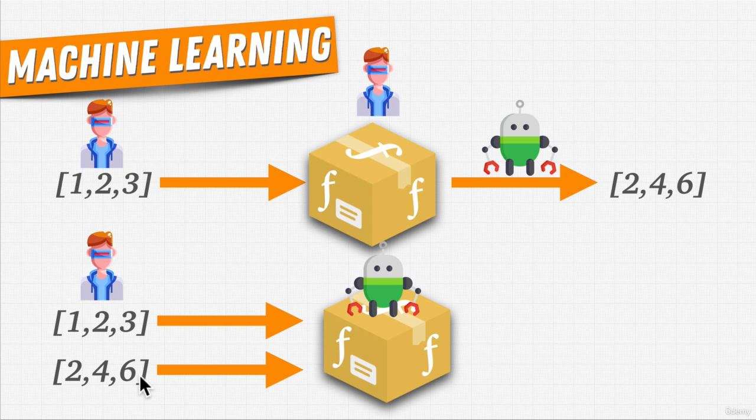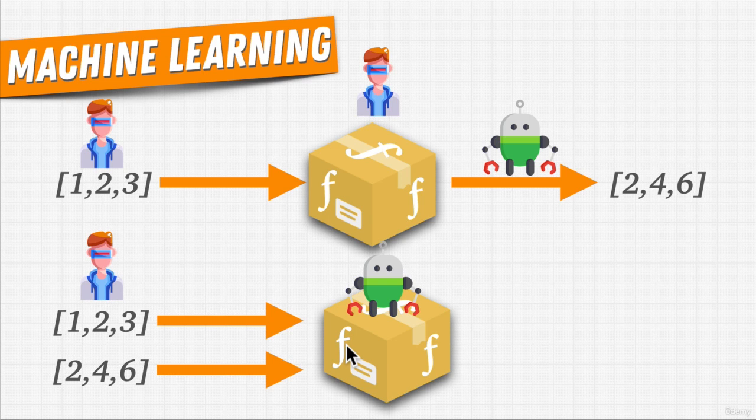Well, I don't know how to tell you how to do that. So instead, you figure it out yourself. Here are all the pictures, and here is what I expect the output to be, either snake or not snake. And with machine learning, the function is generated or created by the machine.